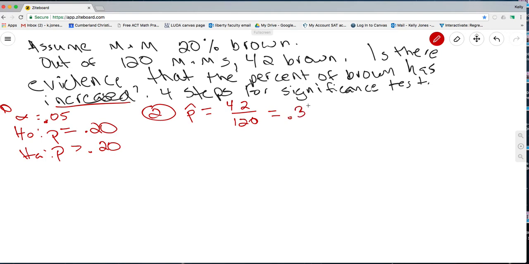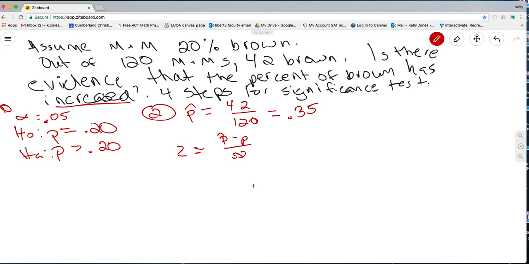So 35% brown M&Ms is definitely bigger than 20%, but is it big enough to say that it has increased? So remember, our z-score is going to be p-hat minus p over standard deviation.